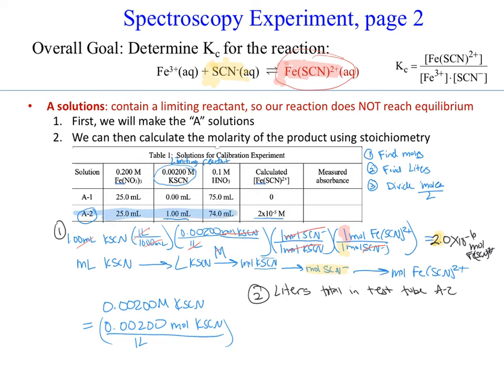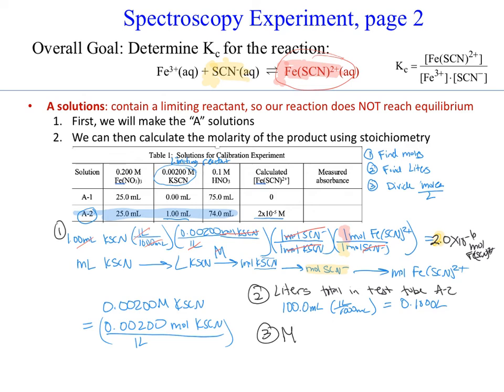That is indeed 100 milliliters. So 100.0 milliliters. 1 liter contains 1,000 mLs. So 100 divided by 1,000 gives us 0.1000 liters. And now step 3, divide to get molarity.